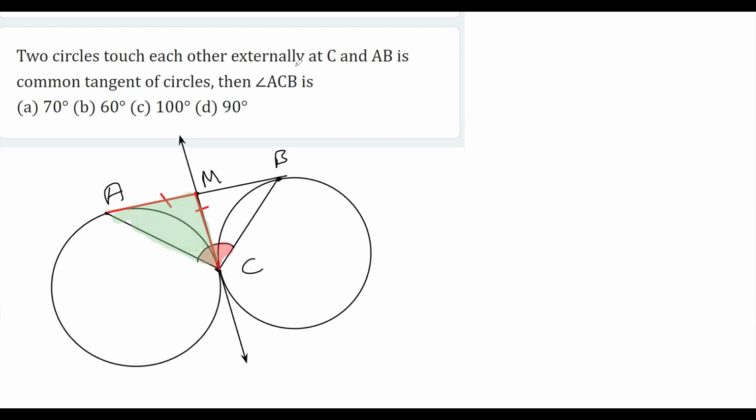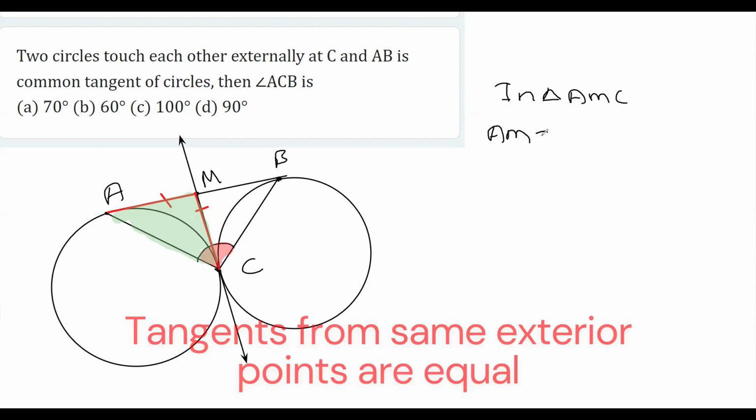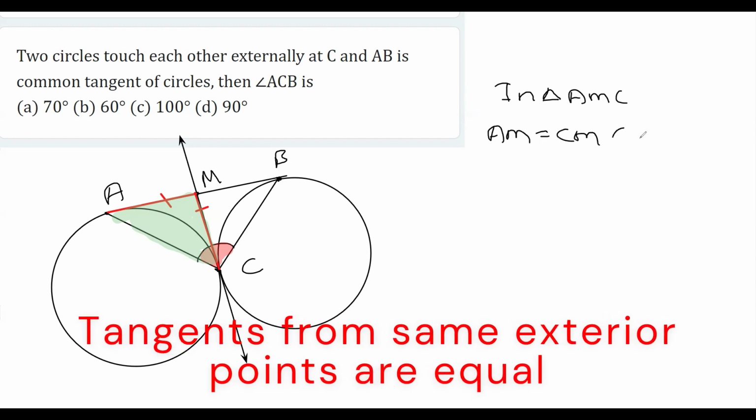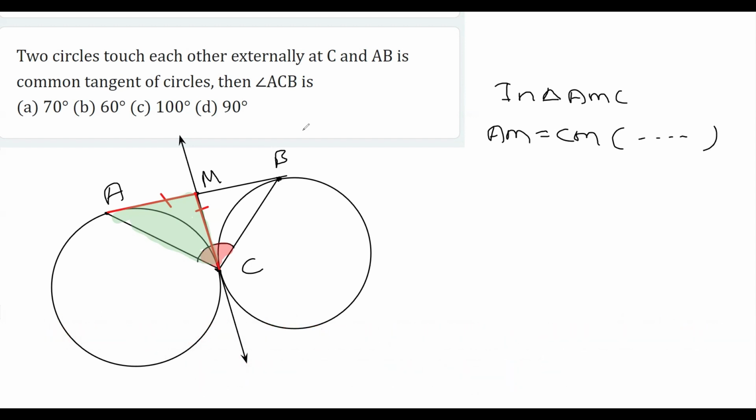So now let's take the triangle first. The triangle here, I should also write down as you should write in the exam. That is triangle AMC. This is an MCQ, so you may skip the steps, but when it comes in the exam, without an MCQ, you have to do it. So in this triangle, I can see that AM is equal to CM, and the reason is tangents from the same exterior point.